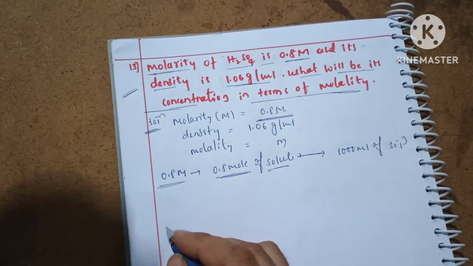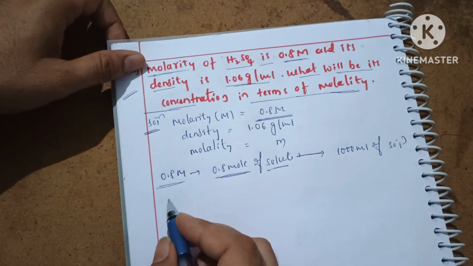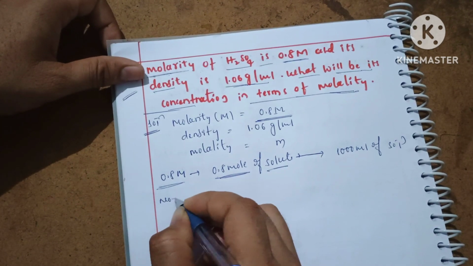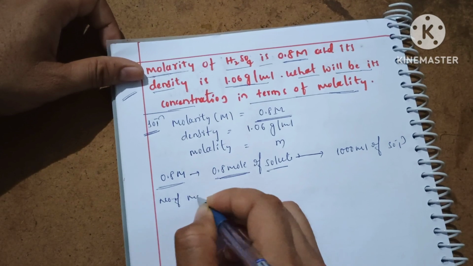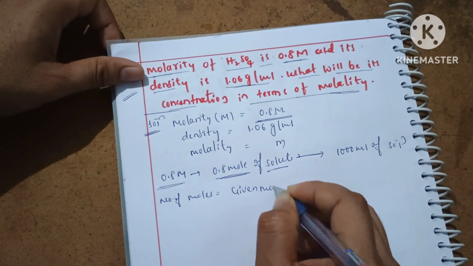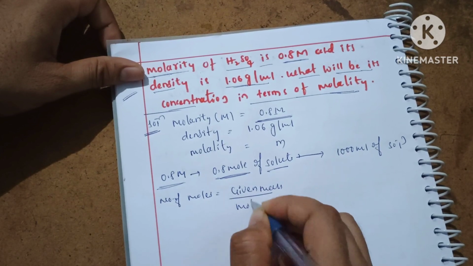0.8 moles is there, but now we want the mass of solute. As we all know, mass of solute can be calculated using the formula: number of moles is equal to given mass by molar mass.